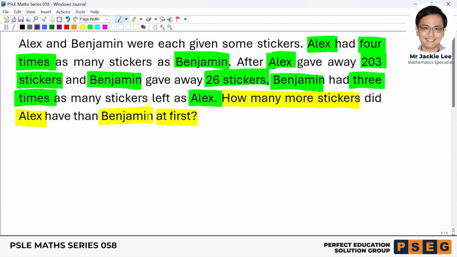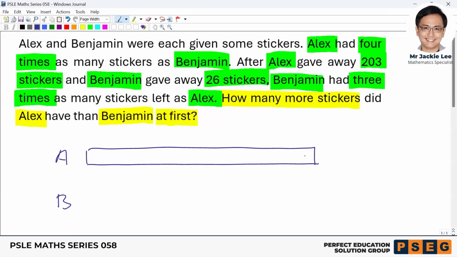Okay, so obviously we need 2 bars, one for Alex and one for Benjamin. At first, Alex is 4 times Benjamin, so this bar is much longer, 4 times of it, roughly like this. Then Alex gives away 203, and Benjamin gives away only 26.